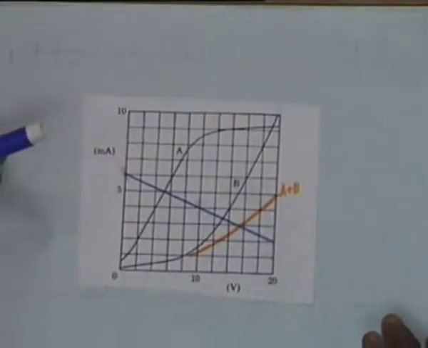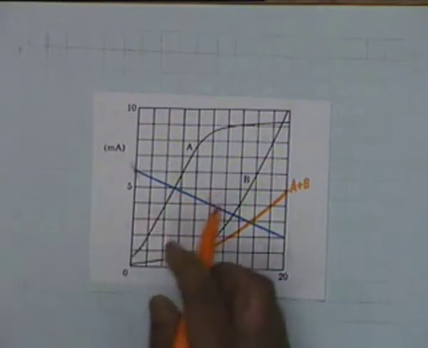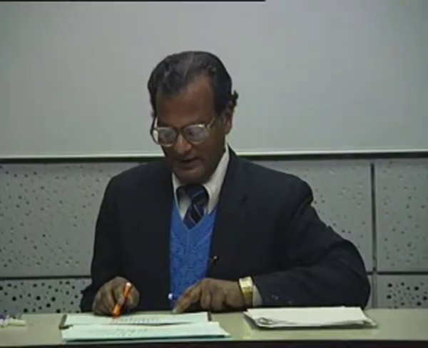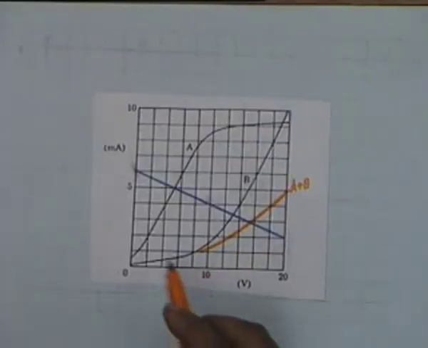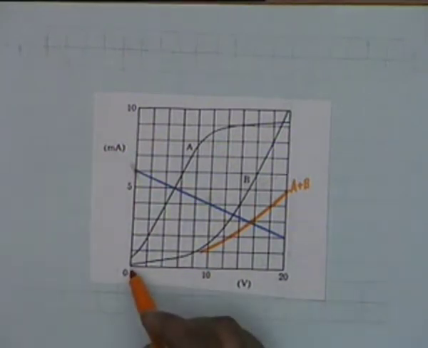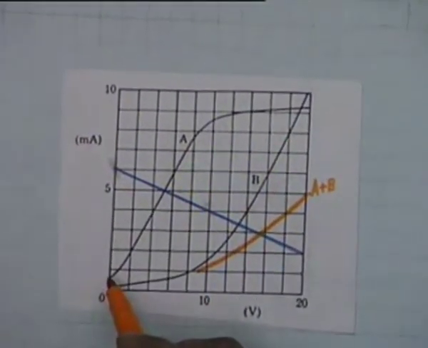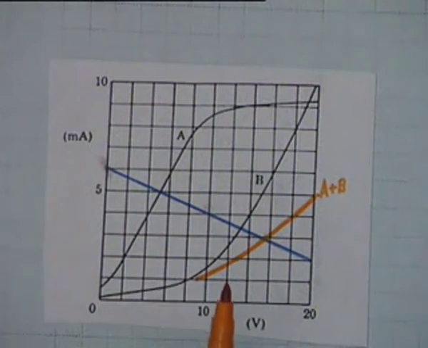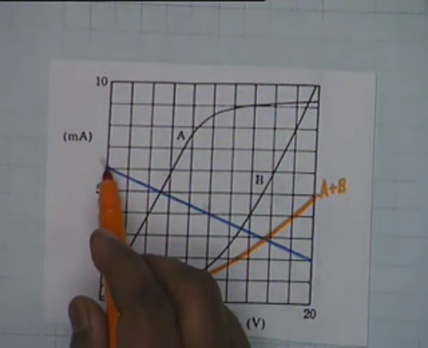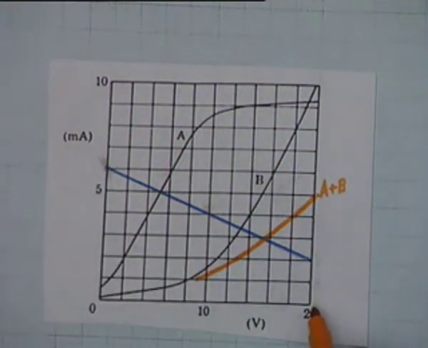This is what I have plotted here. This blue line is the load line. For example, when small v equals 0, the current shall be 30 divided by 5000, which is equal to 6 milliampere. That is the point. When small v is equal to 20, then 30 minus 20 is 10. No, this is not clear what I am doing.